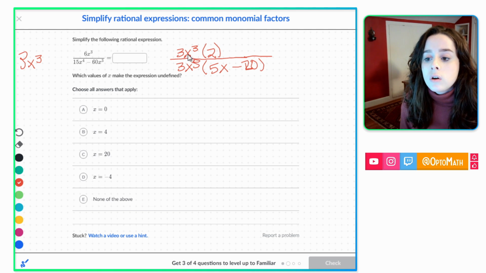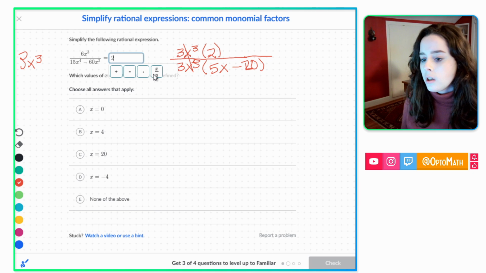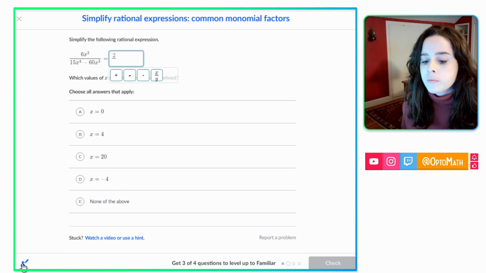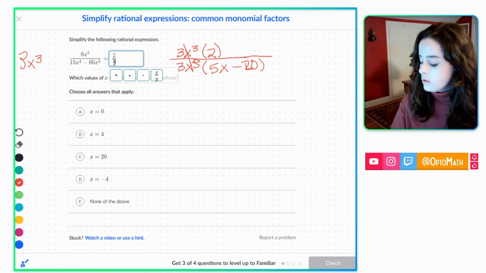So we've simplified, that's our common monomial factor, 3x cubed. And now our final simplified version is 2 divided by 5x minus 20.